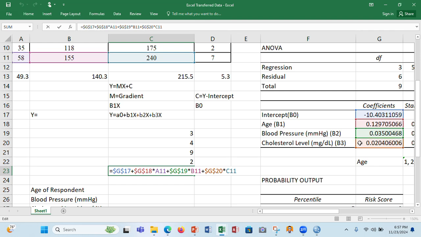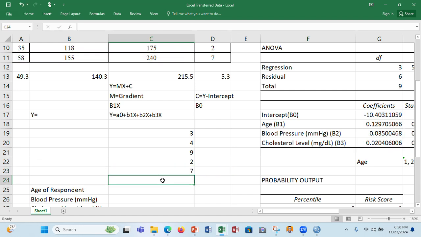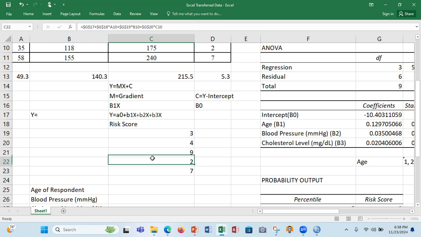Then we come and say, what of cholesterol? The coefficient, which is the unstandardized beta, is 0.02 times the variable, which is 240, so that we can determine the risk score. Now we can tell that the risk score will be 7, which is also there.